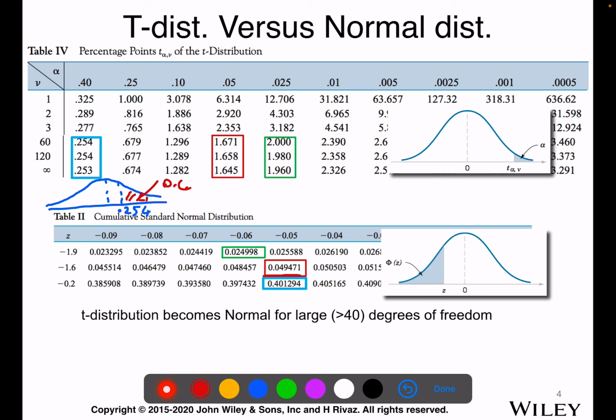So that means almost half of the area, close to 0.5. And here, the associated number for the z distribution is 0.25, right? So quite similar.